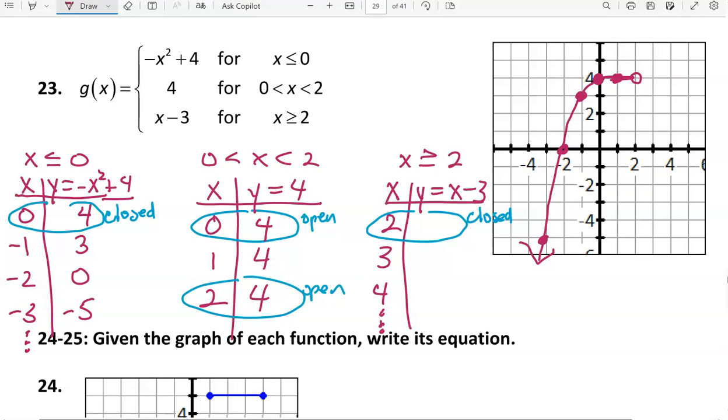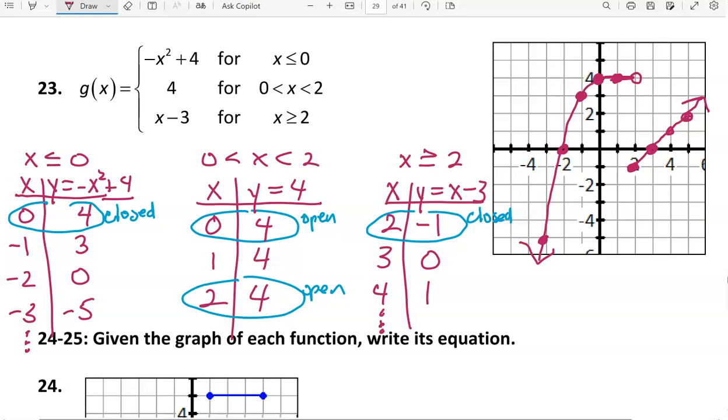So to get the y's, subtract 3 from each x. 2 minus 3 is negative 1, 3 minus 3 is 0, 4 minus 3 is 1. So 2 comma negative 1 closed at that endpoint, 3 comma 0, 4 comma 1, and the graph continues, and I guess we get the idea what happens there. There's the graph of our piecewise function.